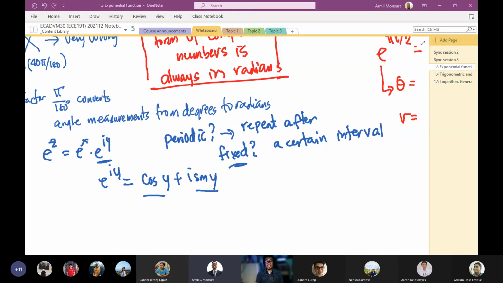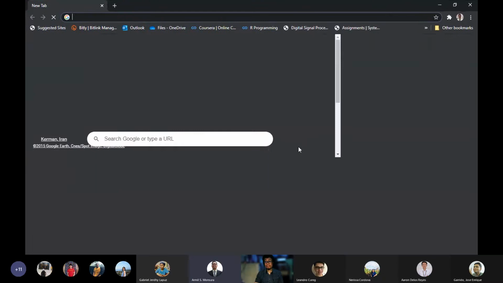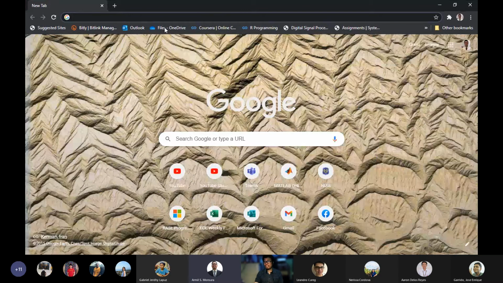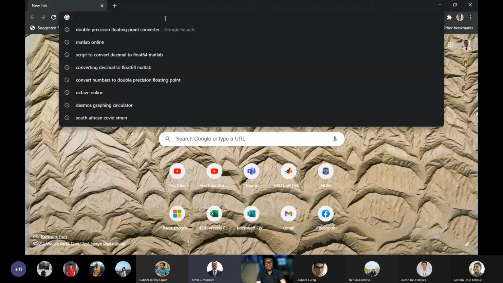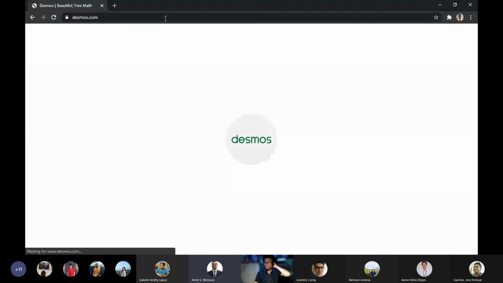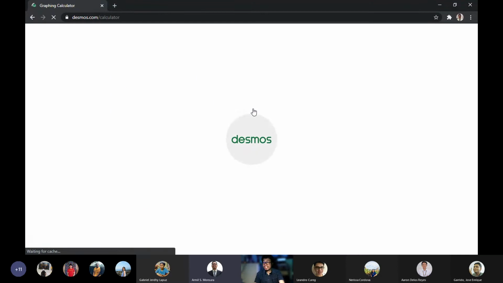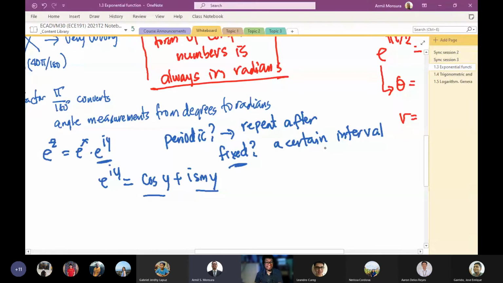Marami ng computer aided tools na pwedeng gamitin, which is really helpful, especially for me when I'm trying to make a point. Imagine niyo na lang na kung ito ay classroom, I have to make a graph of the cosine function and of the sine function sa board. Nakita niyo naman kung paano ako magsulat, di ba?